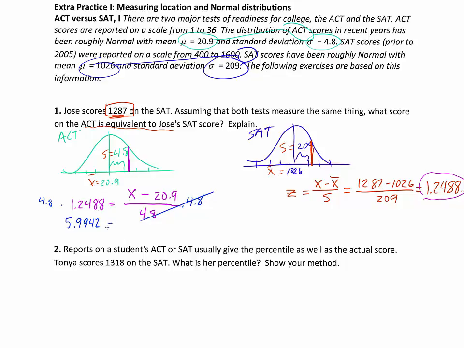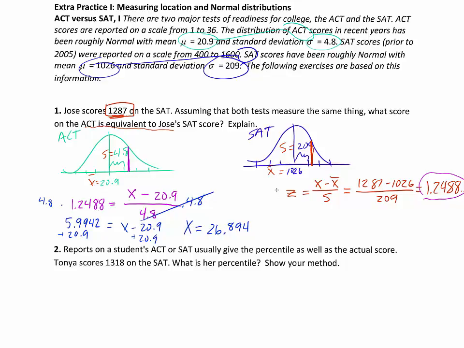And that's equal to X minus 20.9. So now just to get down to X, you add 20.9 and you add 20.9. So in the end, we get X equals 26.894. Now what does that mean?